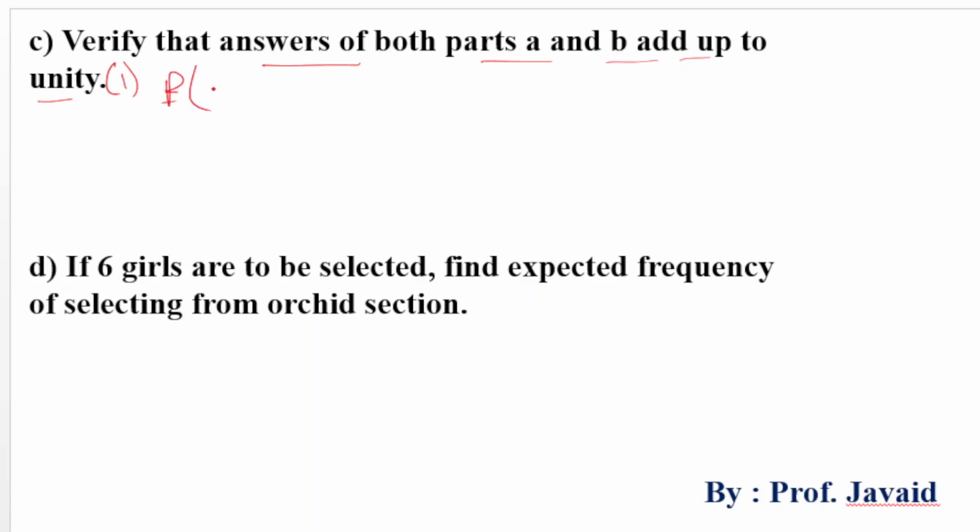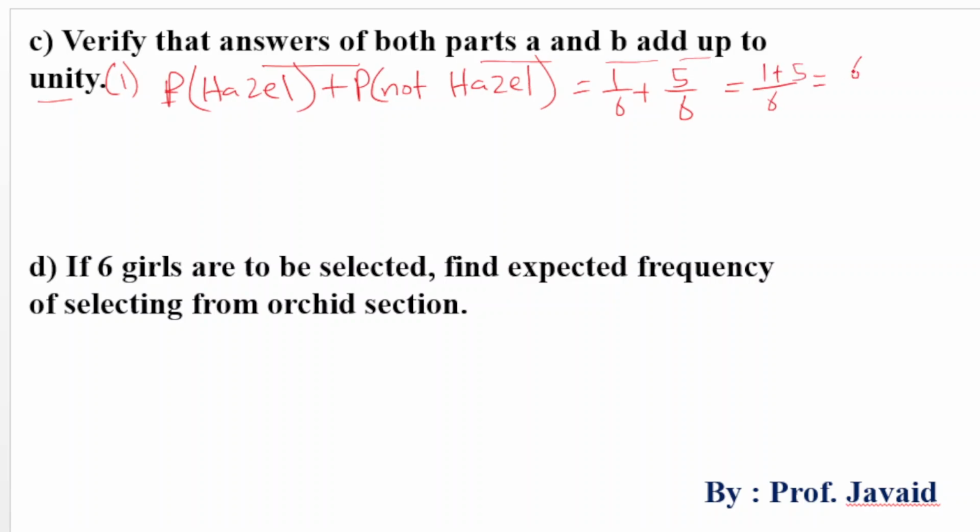Probability of Hazel plus probability of not Hazel will be 1 by 6 plus 5 by 6. After taking LCM, 1 plus 5 will be 6 by 6. So that must be equal to 1. So it's easy. And then the D part is there.